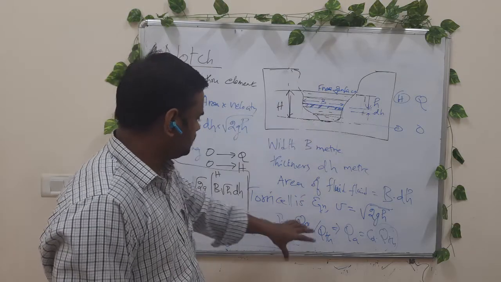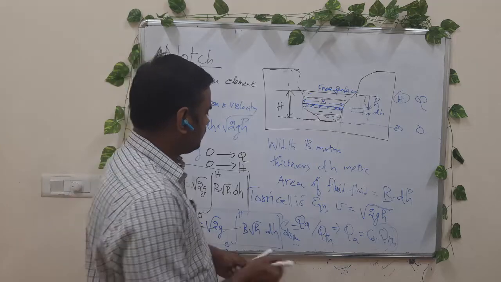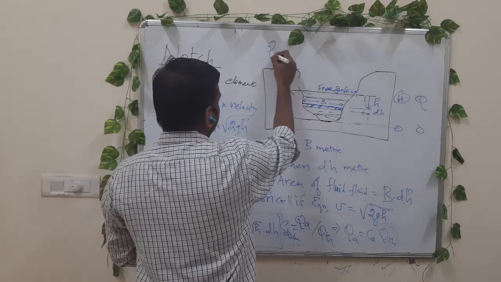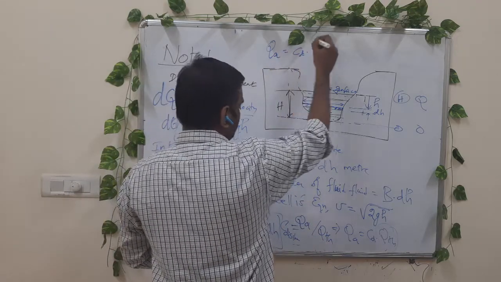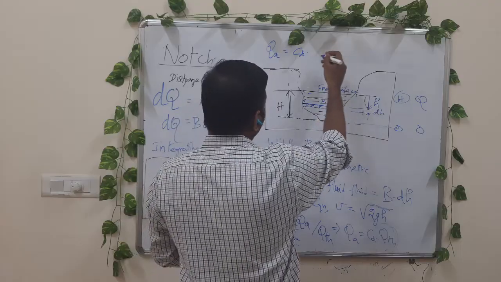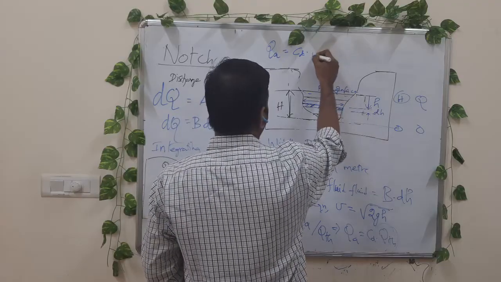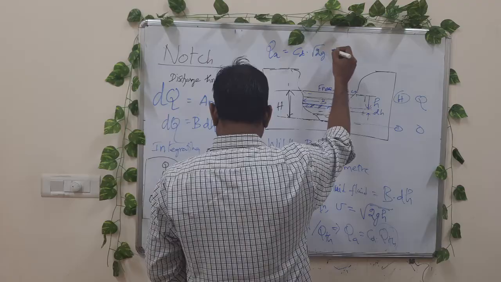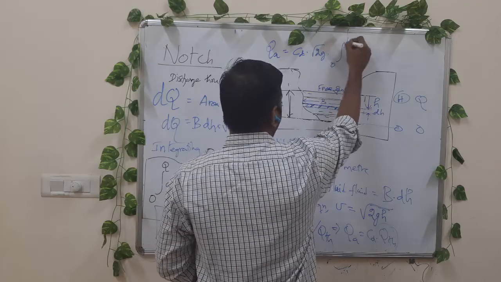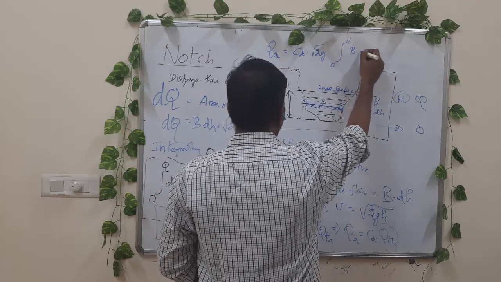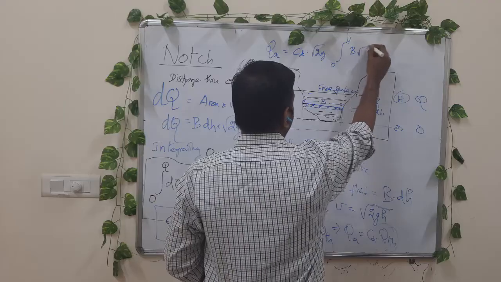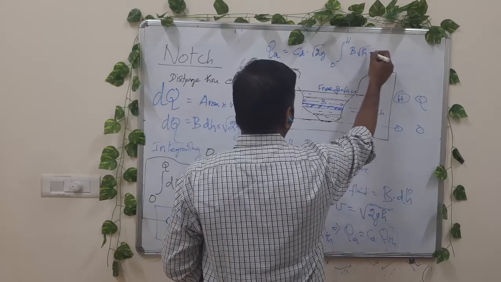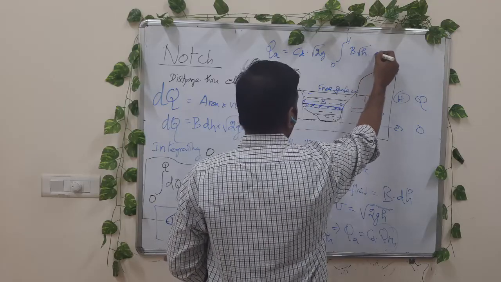For a general shape, this is the actual discharge. Actual discharge is equal to Cd into Q theoretical, which is square root of 2g into integral 0 to H of b into square root of h dh.